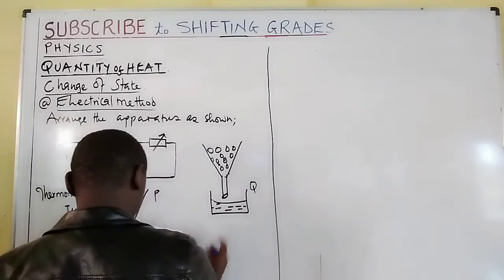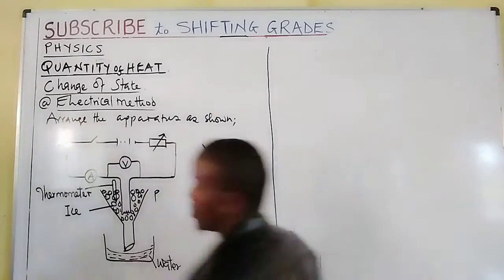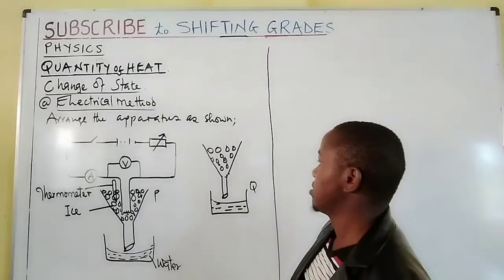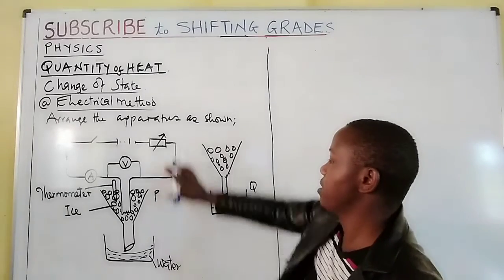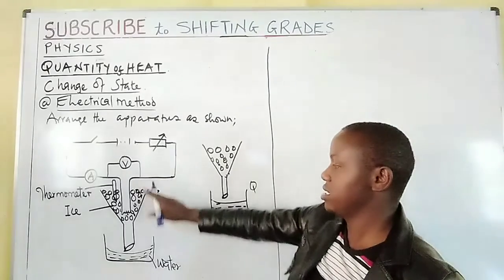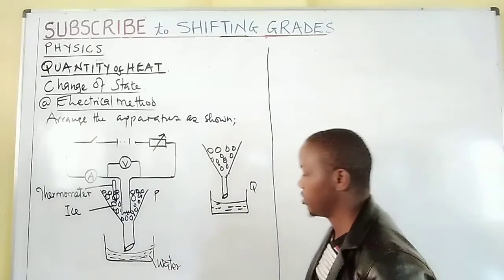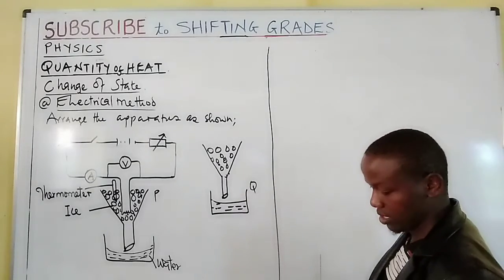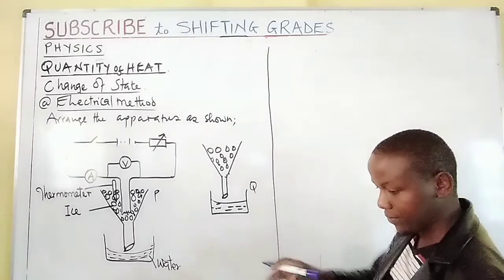Then you collect some water also there. So that's how you set up the apparatus, with P connected to an electric source. So we have P melting some ice to water, and Q also melting some ice to water there.